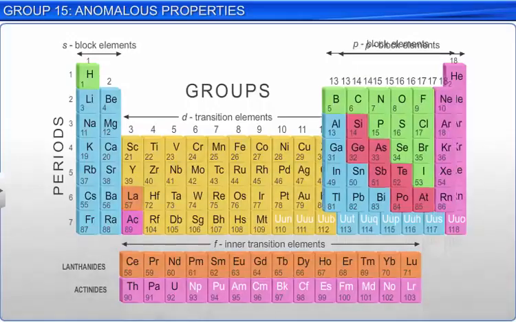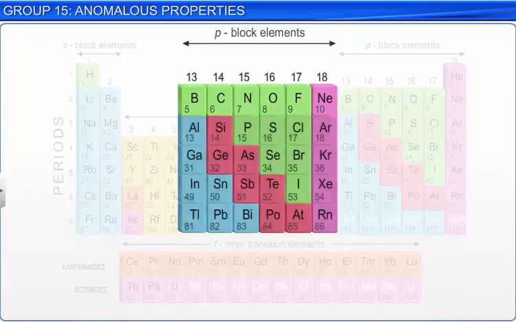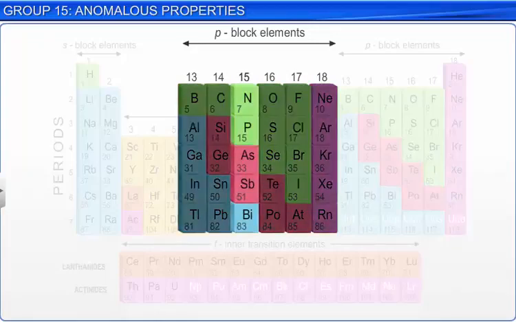That generally the first element of any group differs from the rest of the elements with respect to their properties. The same anomaly is reflected in group 15 elements. The first element in the group, nitrogen, differs from the rest of the elements in its properties.